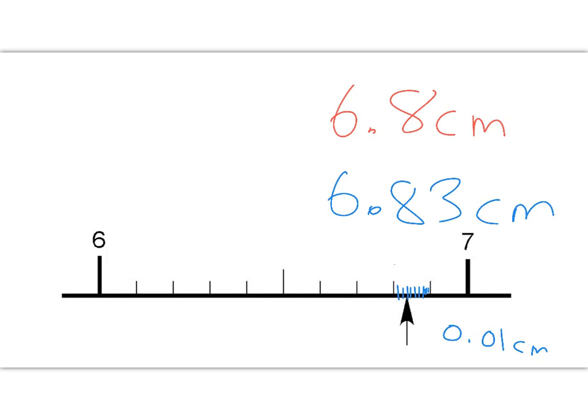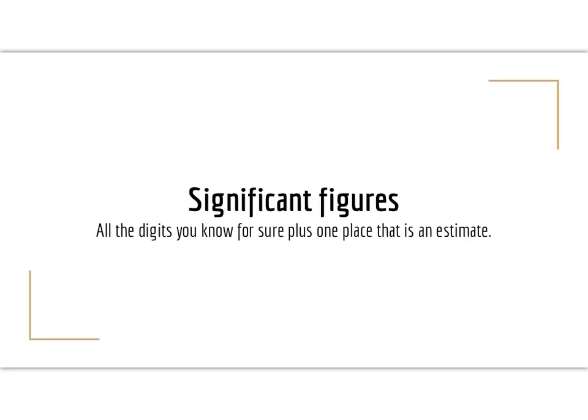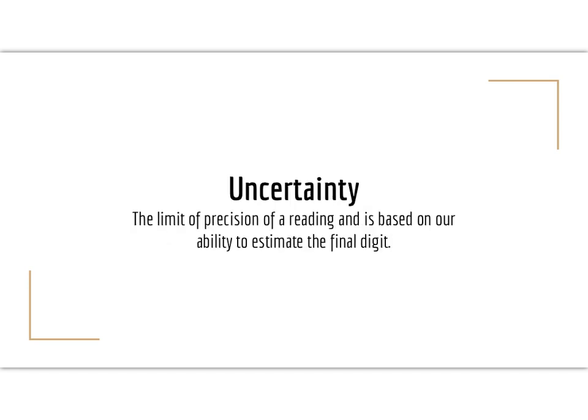Now, what is a significant figure? Significant figures are, again, all the digits that we know for sure, plus one place that is estimated, and that is how we always want to record our measurements. And the uncertainty is basically just based on our ability to estimate what that final digit is.